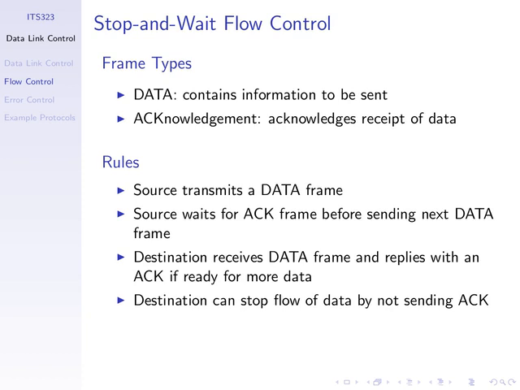The basic way to do that is to allow the sender to send one frame at a time, one block of data. Send one frame. When that's received, the receiver sends back a special frame, an acknowledgement saying, "Thank you, I've received that. You can now send me a second frame."